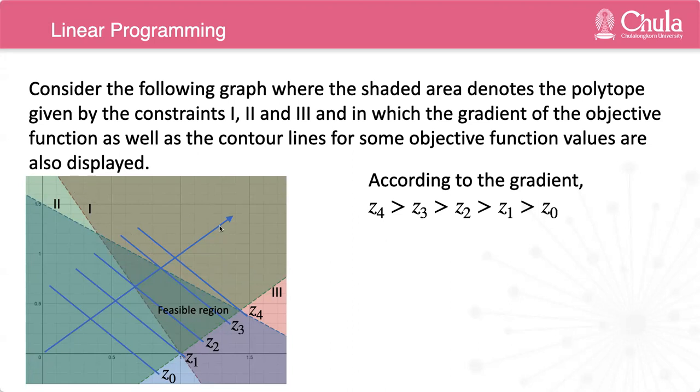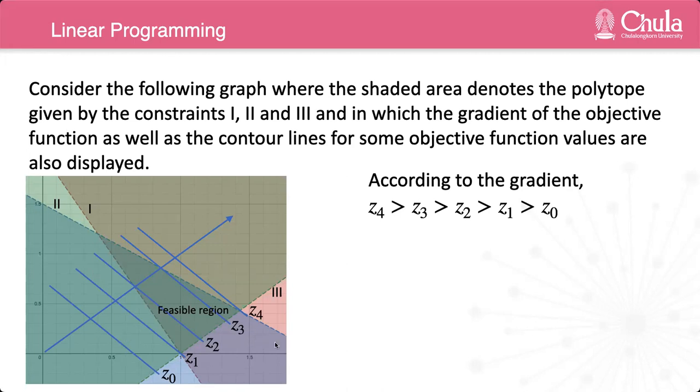So the feasible region is this area, this side. And the second constraint defines the feasible region below this line, this part.